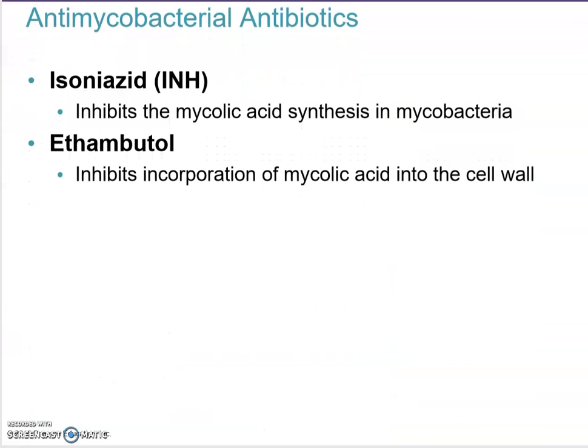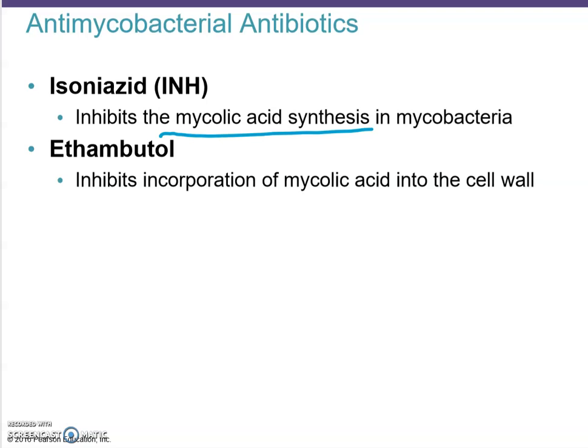And then here we have antimycobacterial antibiotics. Isoniazid inhibits the mycolic acid synthesis in the mycobacteria, and ethambutol inhibits incorporation of mycolic acid into the cell wall. Both of them can be used, of course, for the treatment of tuberculosis.